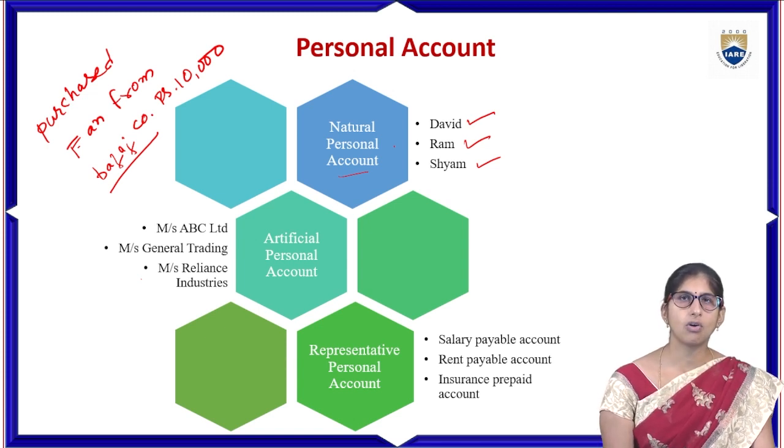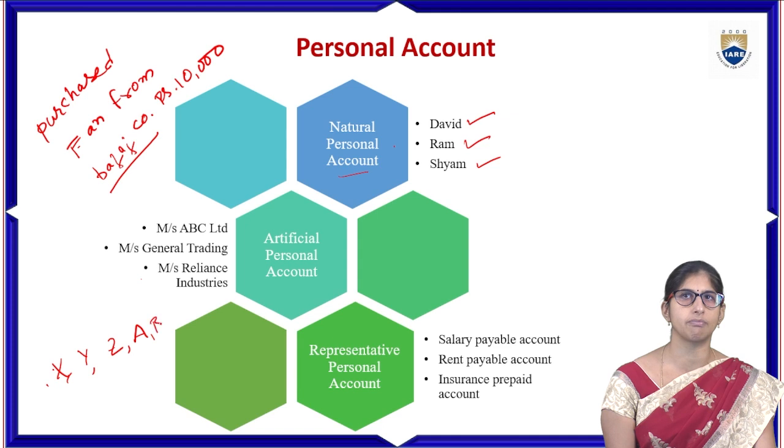We are not going to maintain a salary account for all the employees, writing, for example, X is one person, Y is another person, Z is another person, A is another person, B, C. So for X we have to pay 10k, and Y we have to pay 11k, and Z 10k, and A 10k.